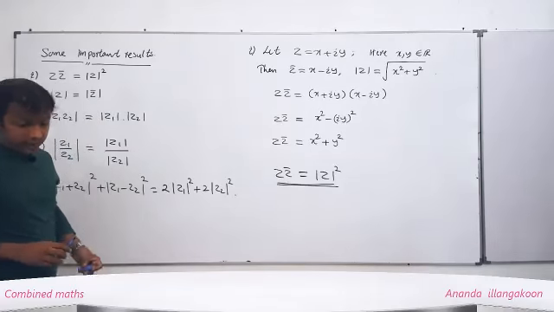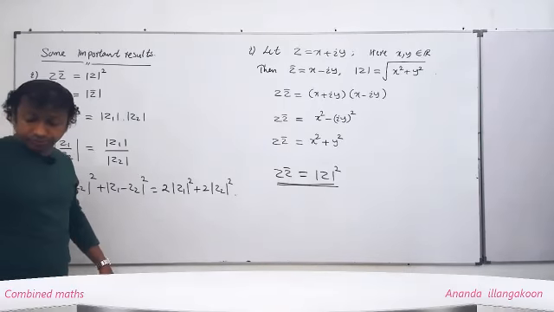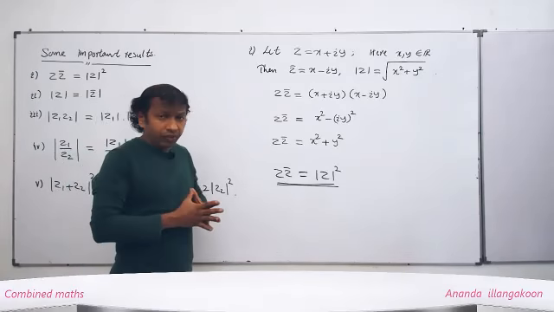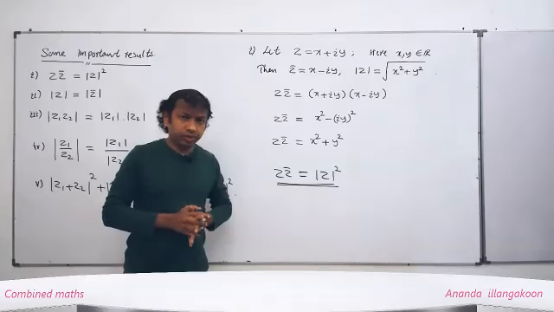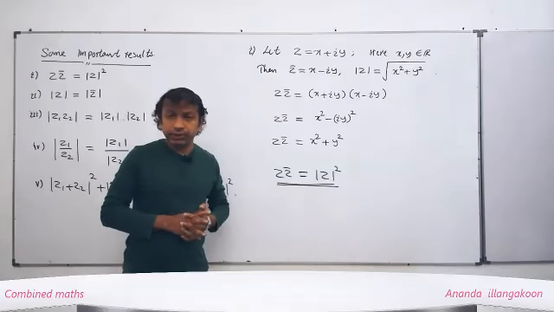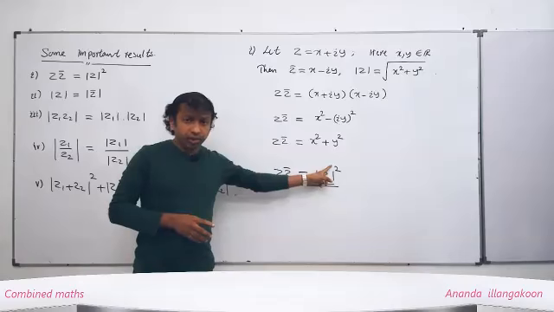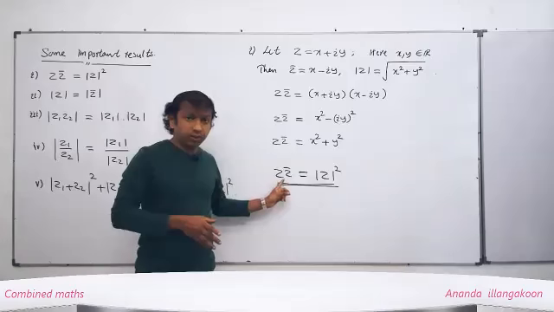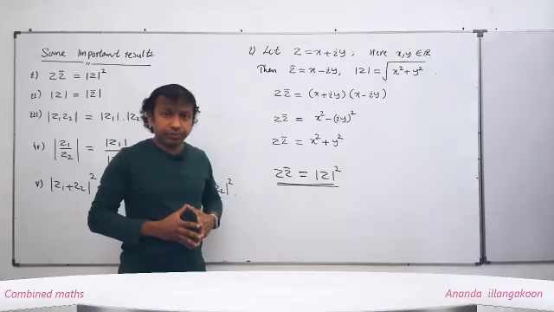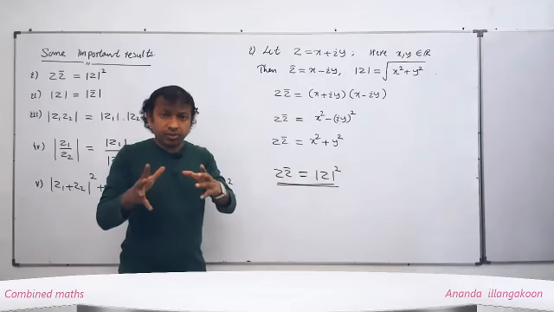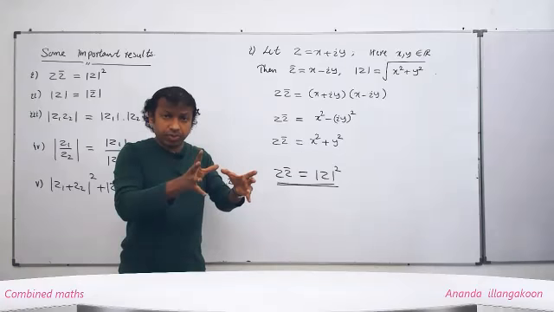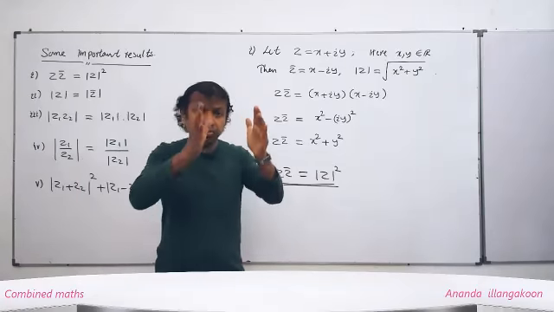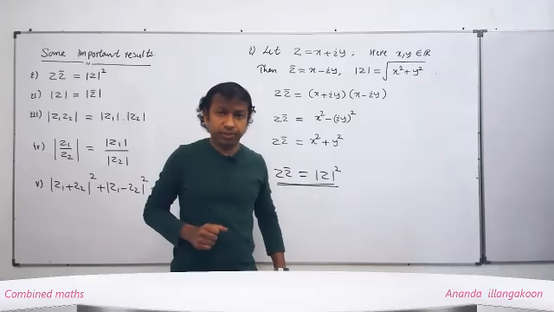Right, people, this says us what? When we have a complex number z, its modulus perfectly squared can be obtained by multiplying that complex number with its conjugate. When we multiply complex number z by its conjugate z bar, the product will be the modulus of that complex number perfectly squared, mod z squared.